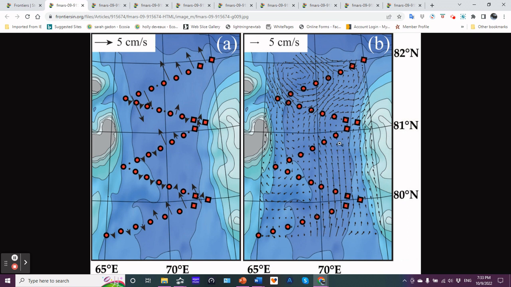Northward flow, right? 80 to 82. Geostrophic balance, following, moving parallel with the pressure gradients. And then this is where it starts to get entrained with the Fram Strait water, and then eventually it spits out combined over here.